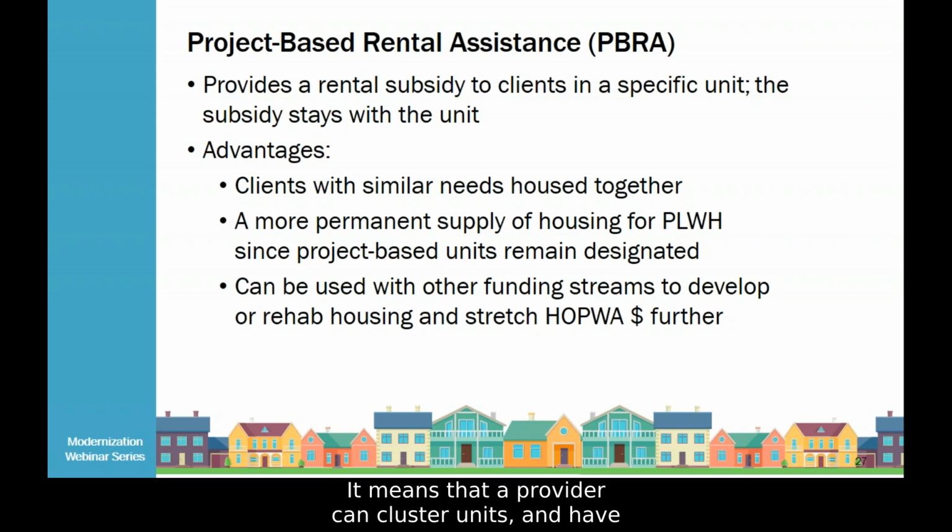It means that a provider can cluster units and have an economy of scale as far as services and attention to those units. This cluster of units could be an entire facility or site, or it could be a set aside of units within a larger building.